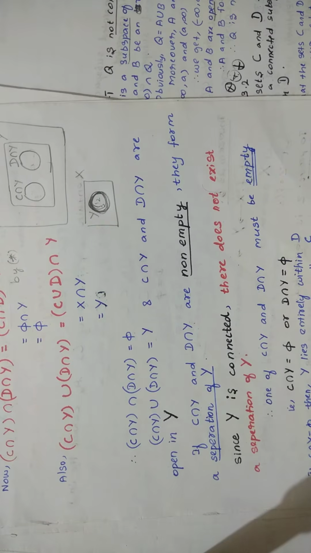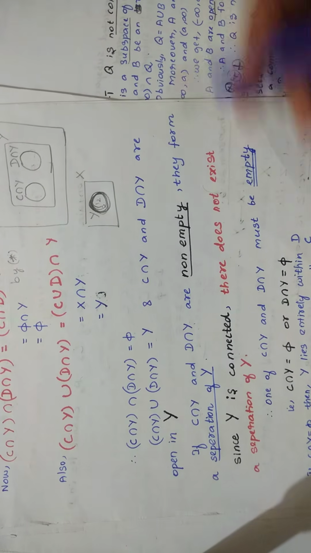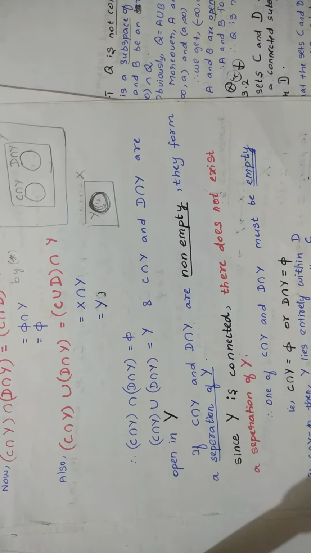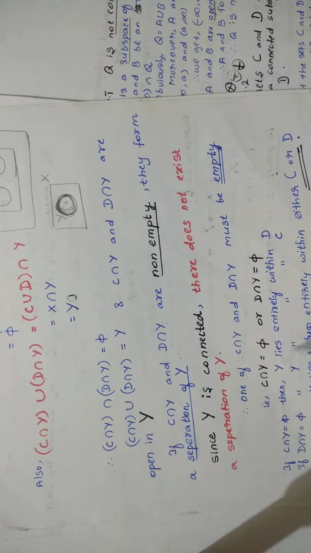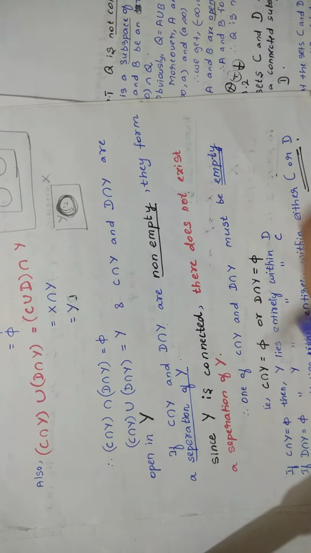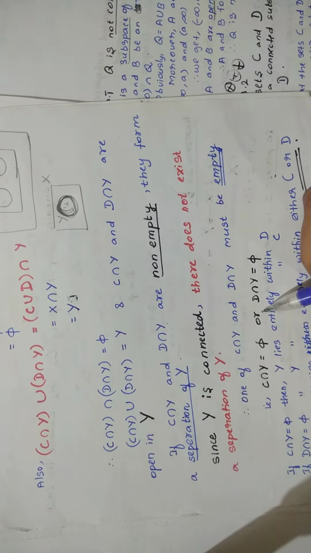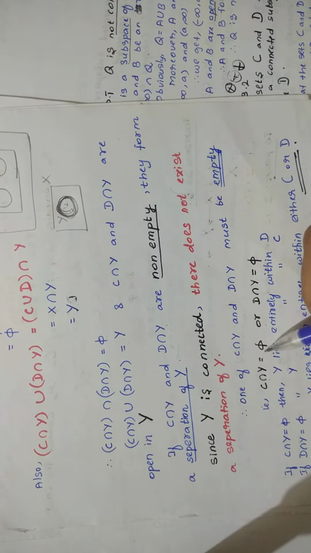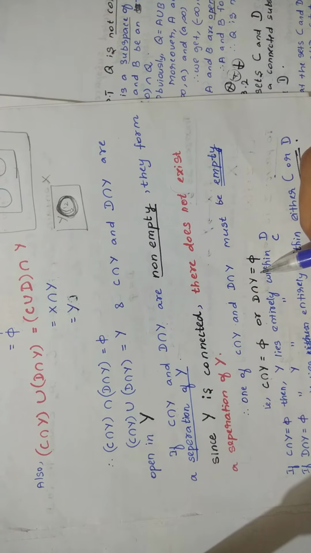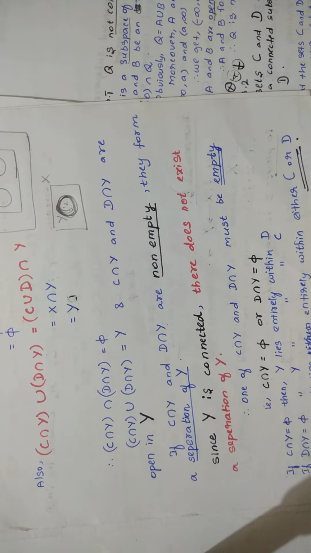Therefore one of C intersection Y or D intersection Y must be empty. So here you are going to write C intersection Y is equal to empty or D intersection Y is equal to empty. If C intersection Y is equal to empty, what you will get?